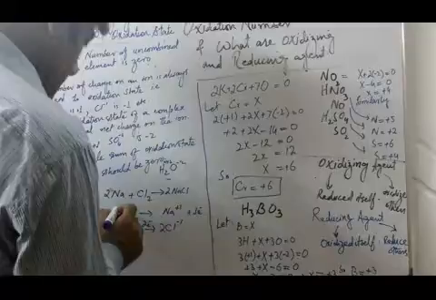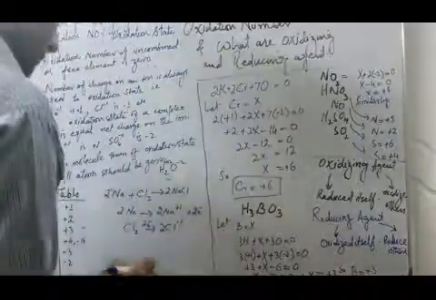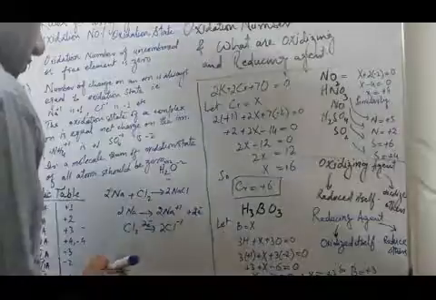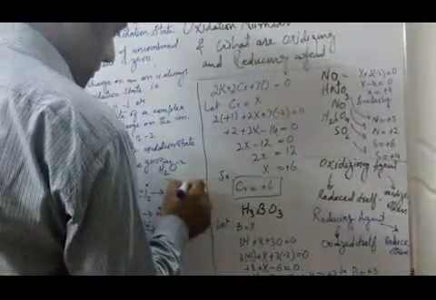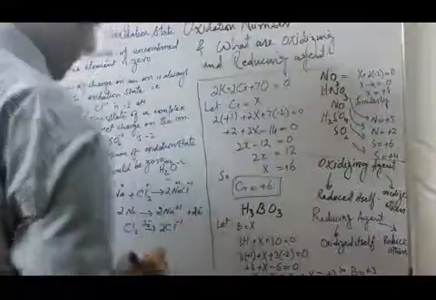Here we can balance the equation like this. So you can see that the oxidation state in the beginning is 0, and later on it becomes -1 and +1.